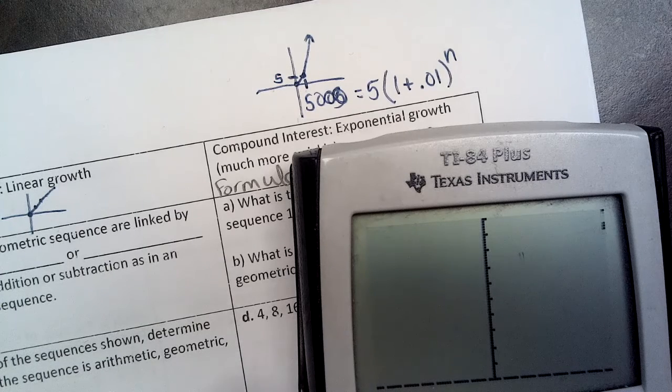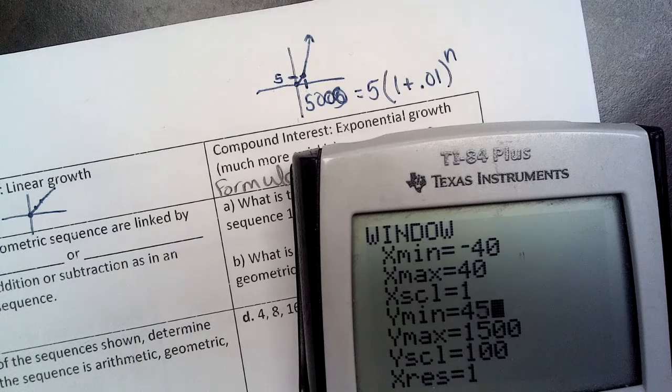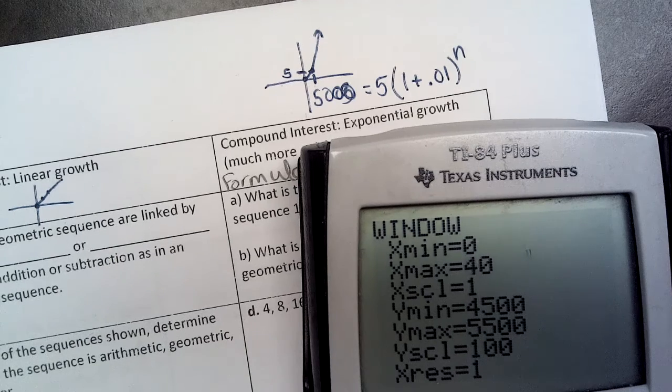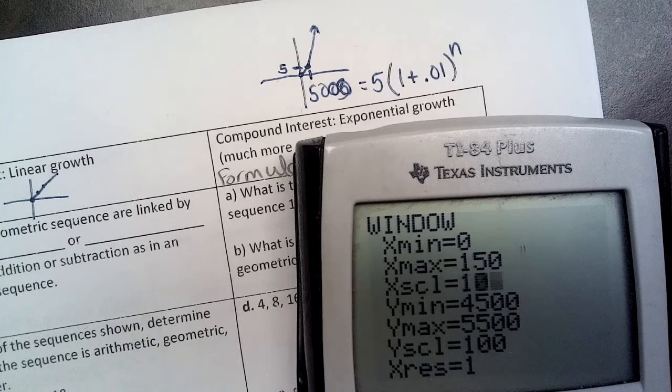Okay, so my graph is all weird right now. So I'm going to set my window. I know that my Y minimum, we'll set it at about 4,500, and we'll set my Y maximum at 5,500. My X minimum, I'm not going to start until year 0, and I'm going to go, I don't know, I'll go to 150, and I'll choose 5 or maybe even 10-year increments.